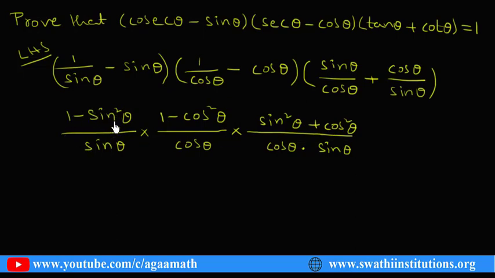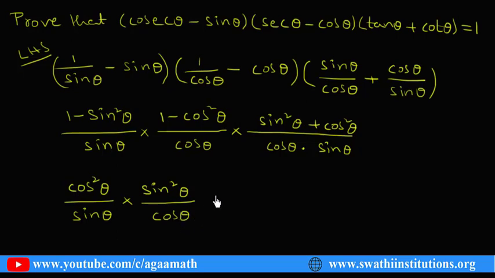According to the given identities, 1 minus sine square theta can be written as cos square theta by sine theta, into 1 minus cos square theta, which can be written as sine square theta by cos theta.